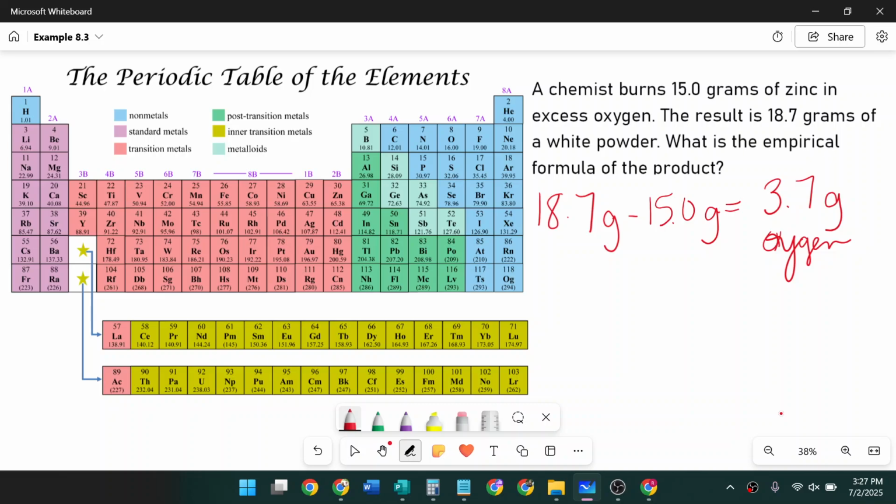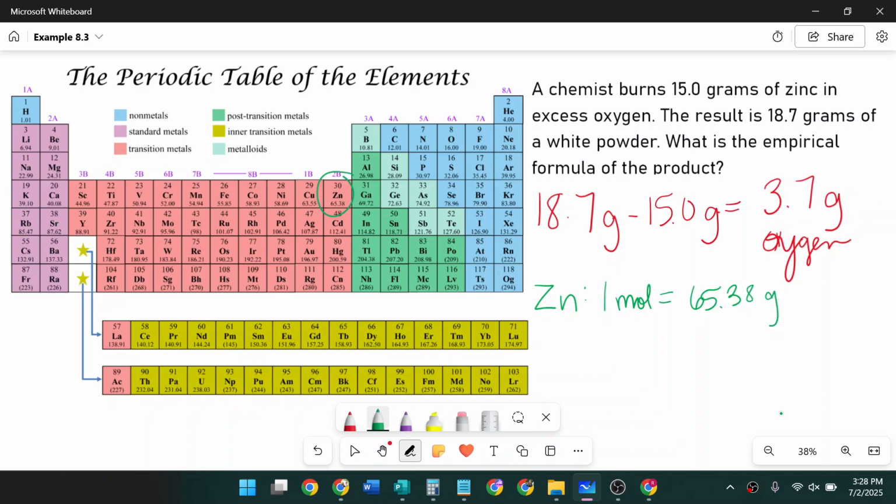So we know that these chemical formulas, when we're adding things up, are going to be working in moles, not in grams. So we need some conversion relationships. For zinc, we have that 1 mole of zinc is 65.38 grams.